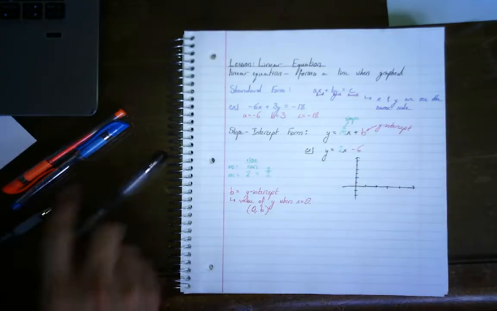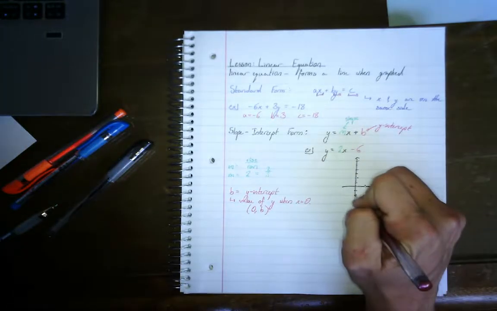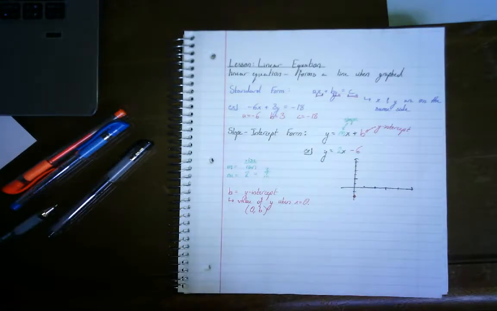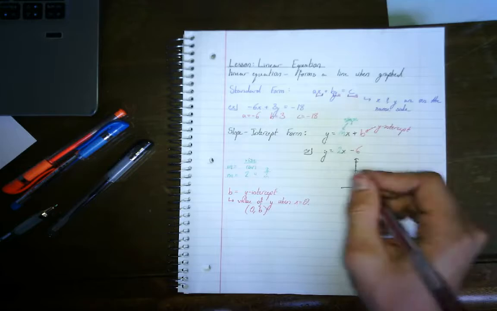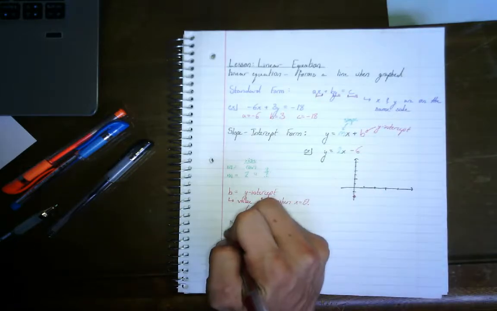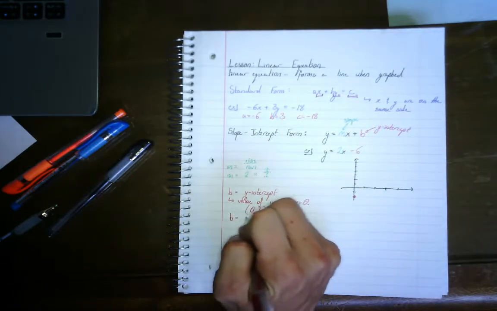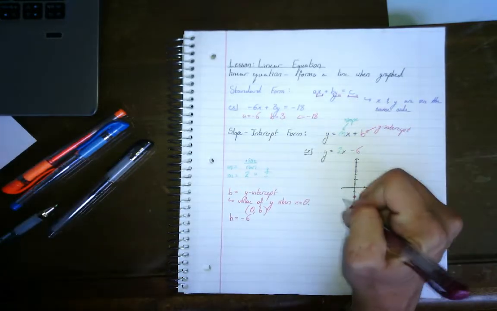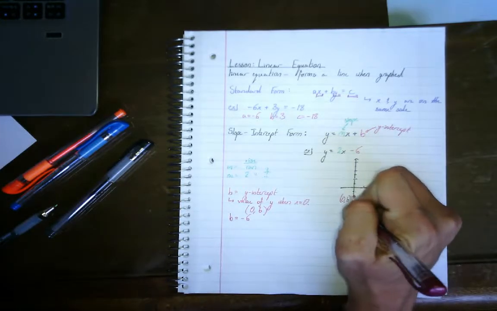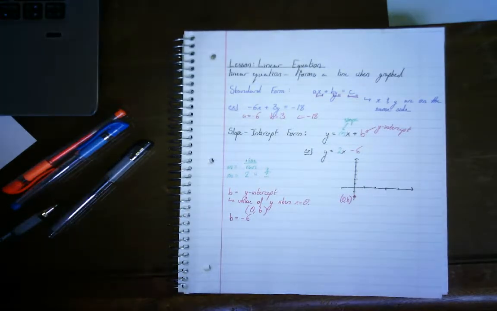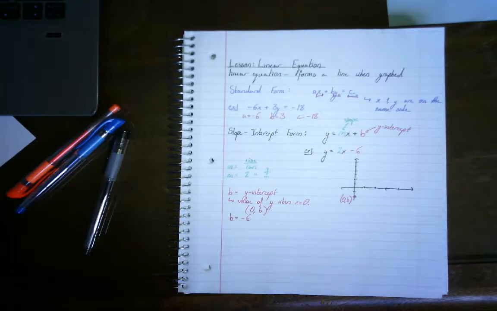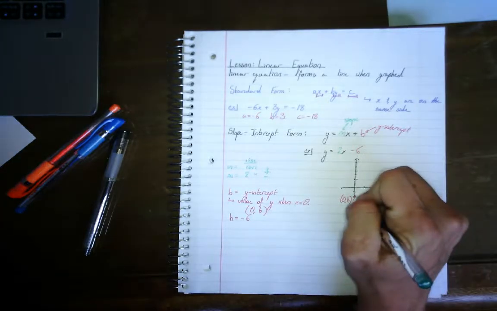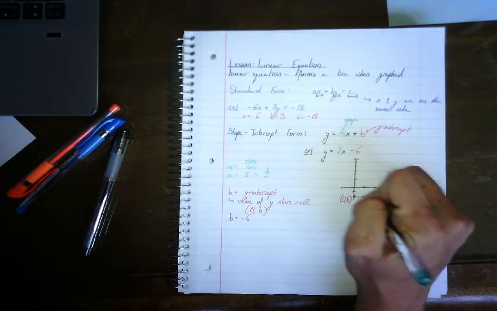We might have our y-intercept starting down here. So if we're trying to graph based off of our equation, we can identify that our b in this example is equal to negative 6. So we're going to go to this general b value, and then we're looking at a rise over a run to get to our second point. You always need 2 points in order to find your line location and orientation.